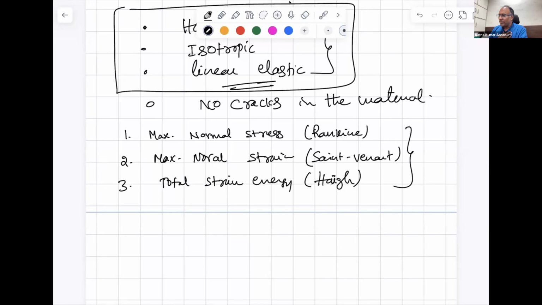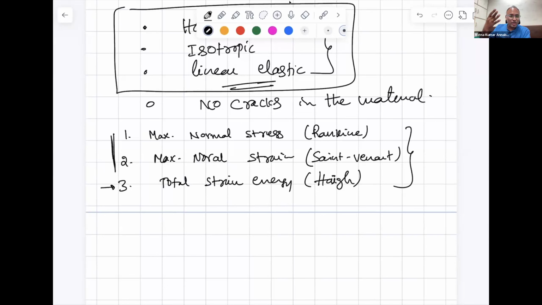But the problem with these theories, see, this is a very good progress from the first two theories to the third theory. Because first two theories are dealing with a tensorial quantity, and that tensorial quantity is compared to a scalar. Yield strength is a scalar quantity, right? Uniaxial yield strength. So comparing a vector with a scalar is not a good idea.